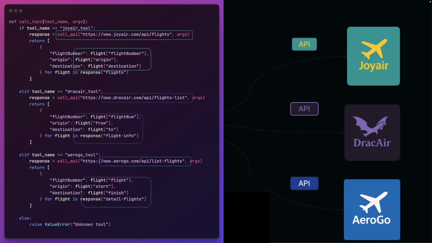The second one is flights list. The third is list flights. Also, their responses are different too. Each airline has its own standard when it comes to their APIs. There are hundreds of airline sites and there are millions of other third-party sites. And if I want my application to interact with all of them, do I need to write all of this code? Now, we are in the AI world and I shouldn't have to do this. So gone are those days when I would sit and write programs to connect to these different flight service providers myself.